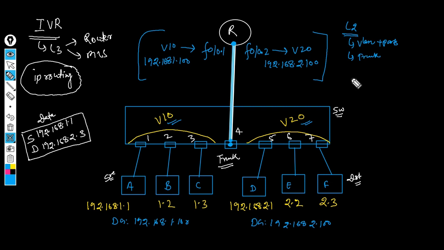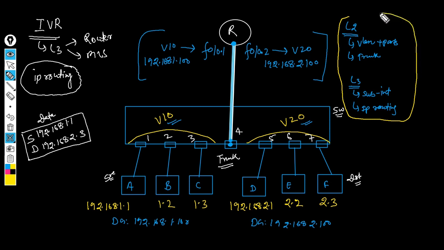Once that is done, you come back to the layer 3 configuration, where you create your sub interfaces, and then finally you just need to enable IP routing. Done. This is the configuration point of view.